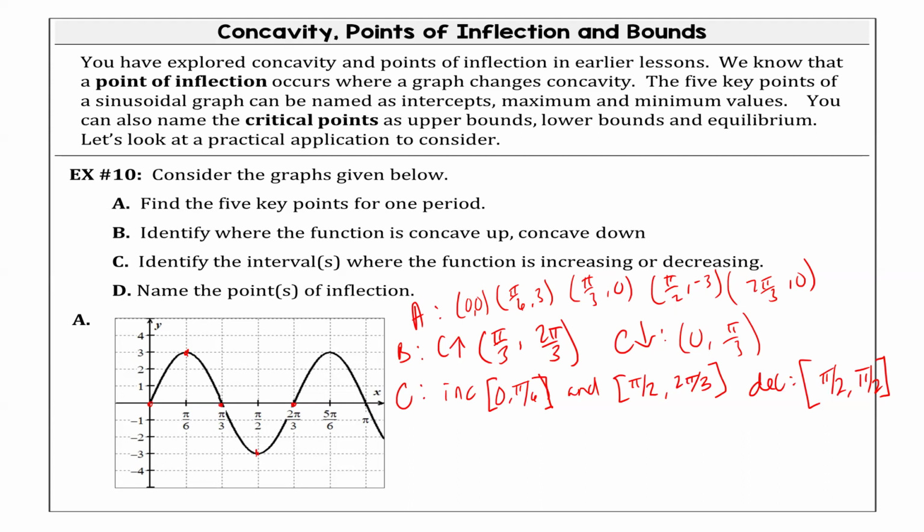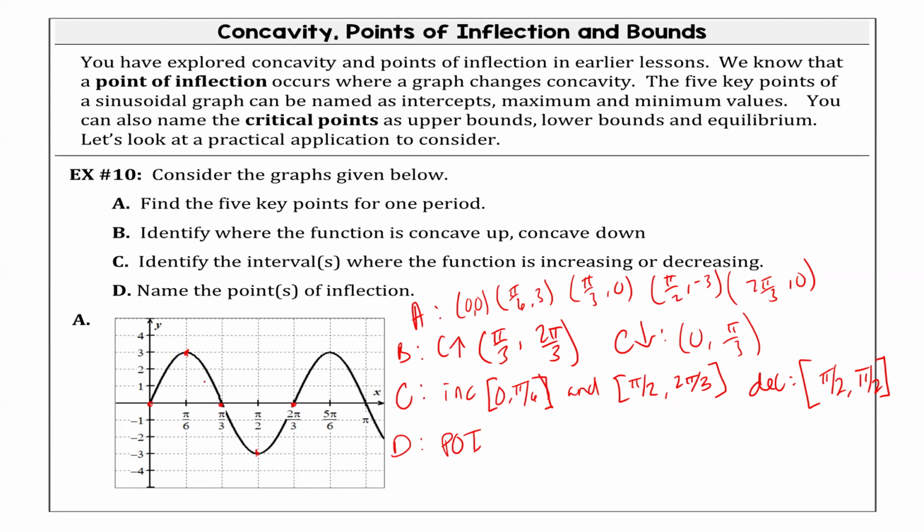Next, we're going to find our POIs, our points of inflection. Does anyone remember how to find the POI? It's between the concavities. So it's the max and min, the average of that max and min, right? So in this case, it's going to be on the midline.